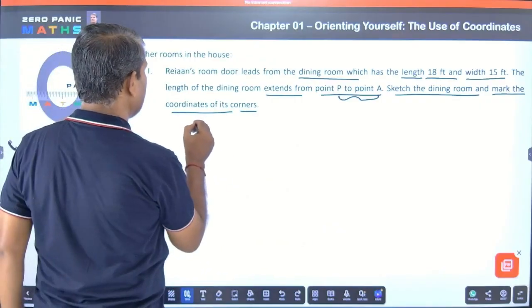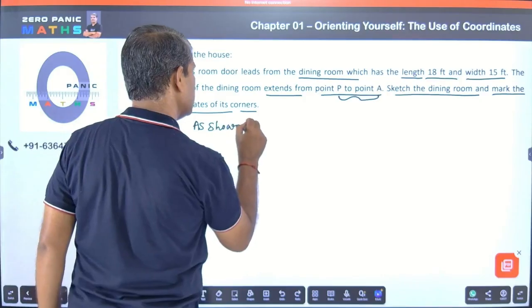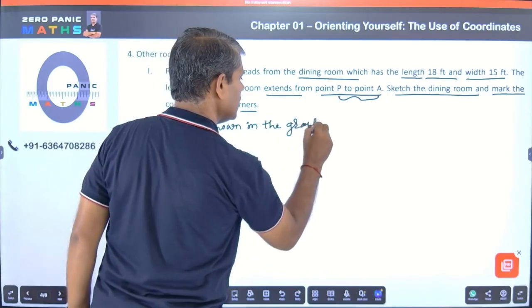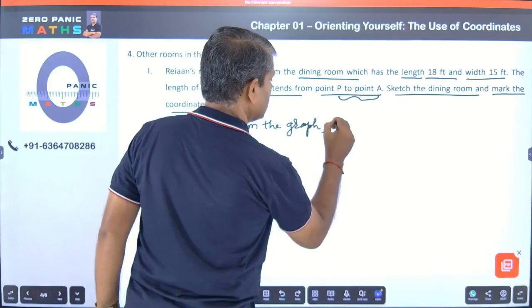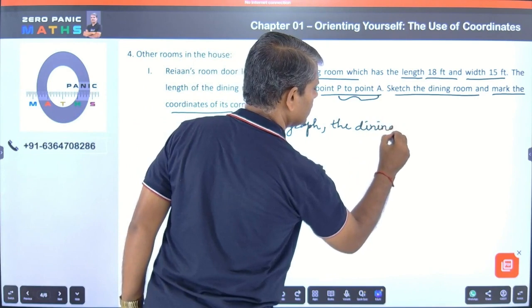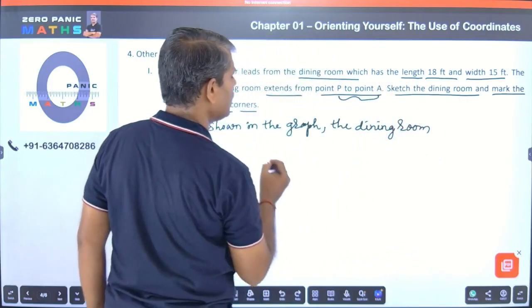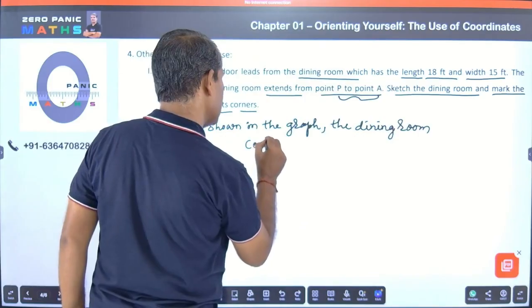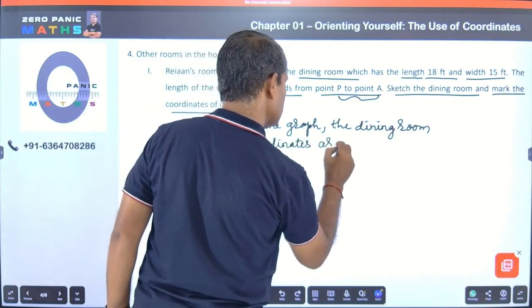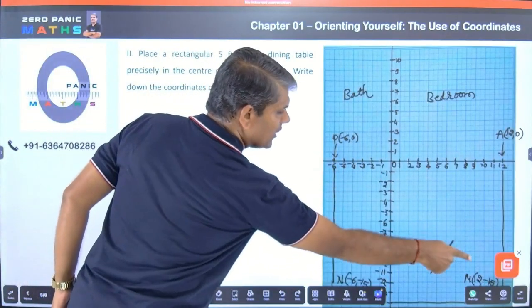So let us write, as shown in the graph, the dining room coordinates are PAMN.